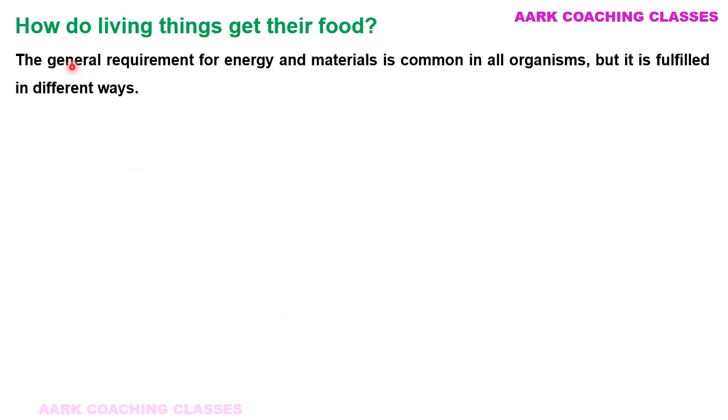Now, how do living organisms or living things get their food? The general requirement for energy and material is common in all organisms, but it is fulfilled in different ways. What does this mean? The requirement of energy and material is common in all organisms. We have seen that ATP is what? Energy currency.